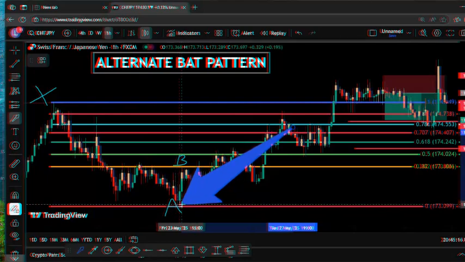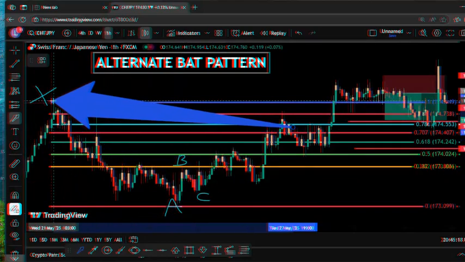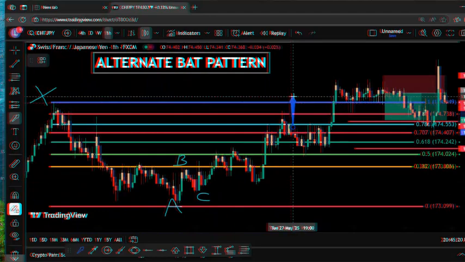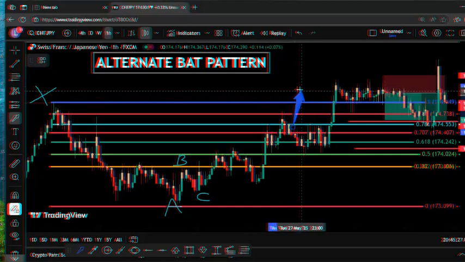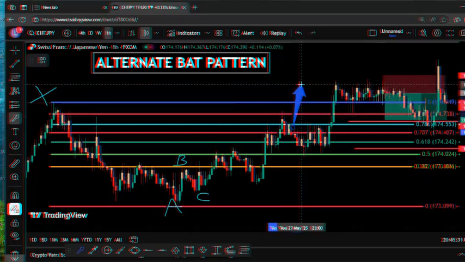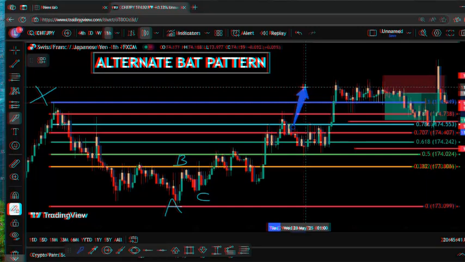So your fib extension from A to X back to A, the 1.13 is where you look to take your trades. So between the 886 and 1.13, these are the zones where you would look to sell from, all right, or sell at rather, okay.